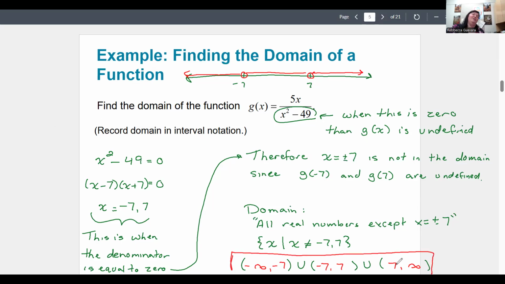A lot of times we see this as notation we like to use. So this is our interval notation, saying that basically we're going up to negative 7, but we skip over it, and then we start on the other side, negative 7 up to 7, we skip over it, and then we go from 7 to infinity. My domain is everything except negative 7 and 7.